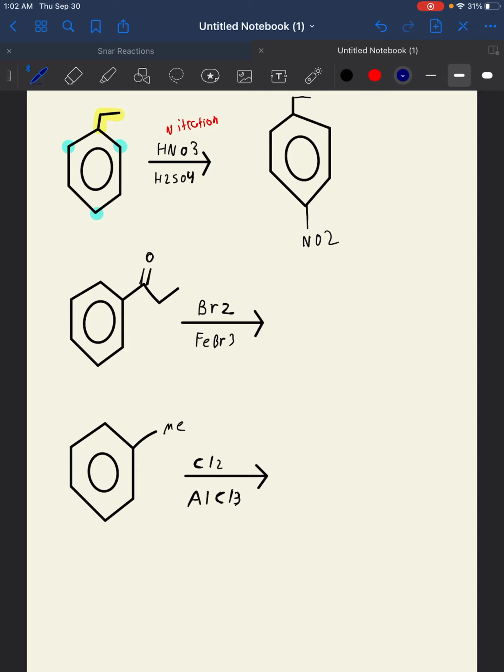For the next one, what's going to happen? Well, you have an electron withdrawing group right here, and we're reacting that with Br2. If you find Br2 on your chart, you'd see that it adds a Br. So where's it going to add it at, though? Since you have the chart, you know what it adds. You don't have to memorize all the different additions that's going to occur on the benzene ring. You just have to know what the electronics of the ring actually are. Since this is an electron withdrawing group, it's going to prefer to add at the meta positions.